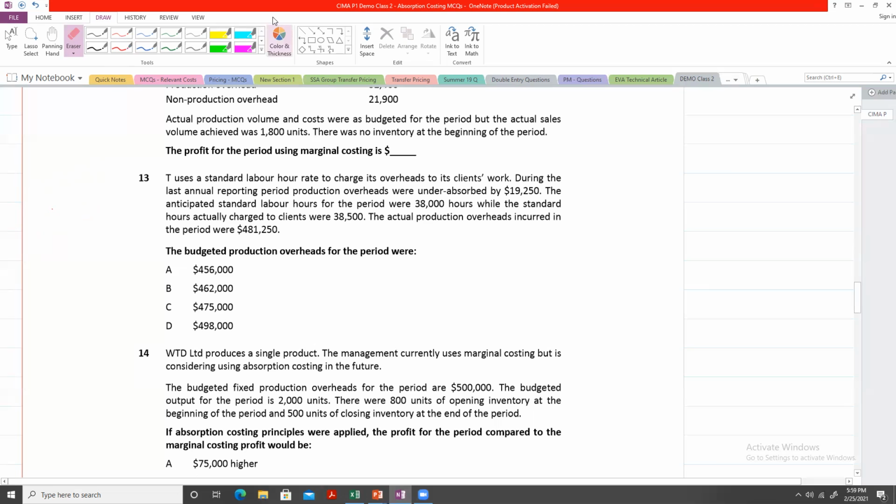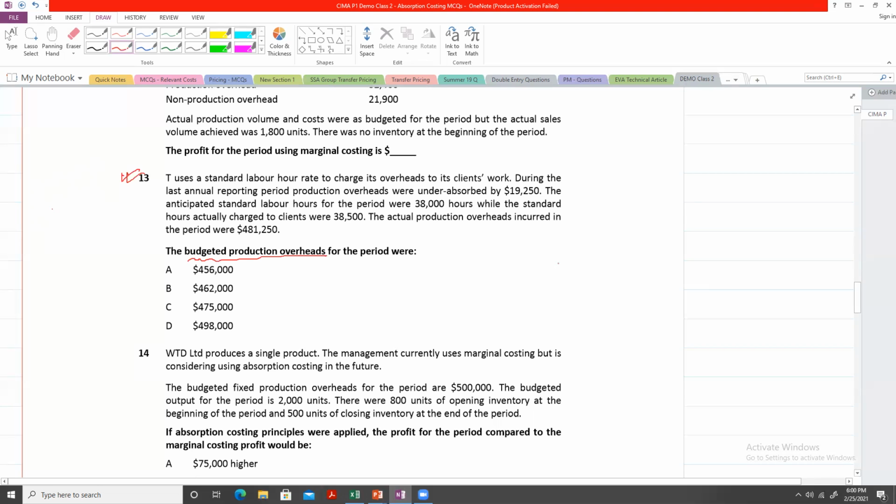Okay, before going for the break, I told you to read question number 13. In this question, we are required to find the budgeted production overheads. Normally we calculate the overhead absorption rate, then we calculate absorbed overheads, and we compare these absorbed overheads to actual overheads to get over or under absorption.